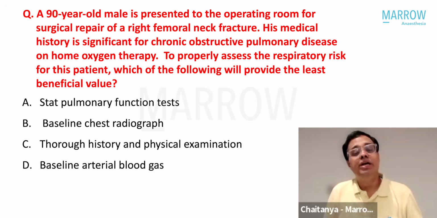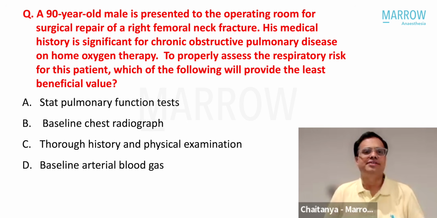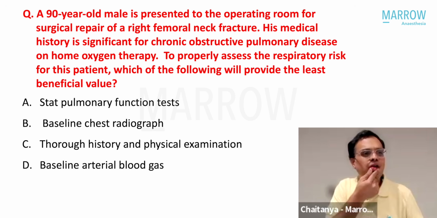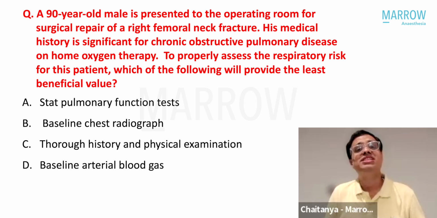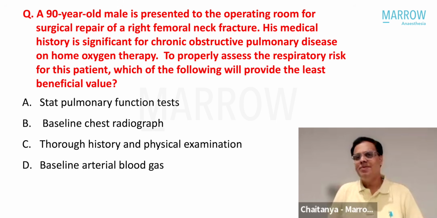Now, I would like to ask you, is asthma a risk factor for post-operative pulmonary complications? No. Yes. Everyone is on the right note. A patient with stable asthma is not considered a risk factor for post-operative pulmonary complications. Have you understood? Right?